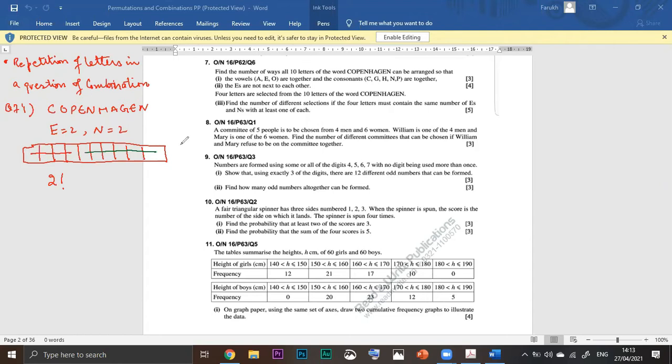Now, in one box, there are vowels and we can arrange them in 4 factorial ways. In the other box, we have consonants and we can arrange them in 6 factorial ways, divided by 2 factorial into 2 factorial. Any question?